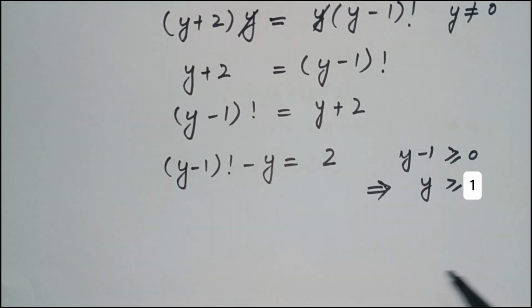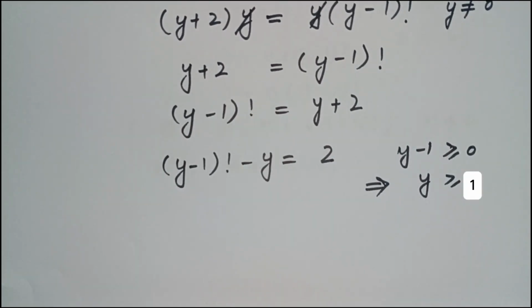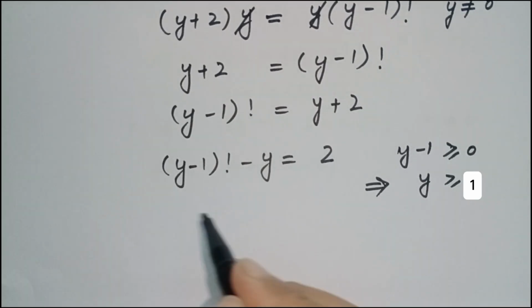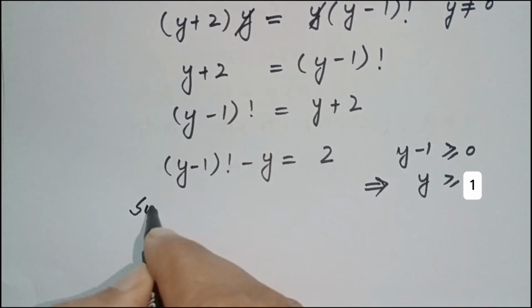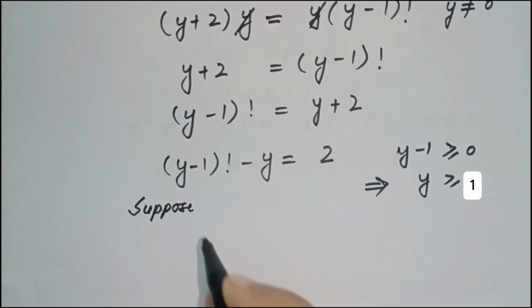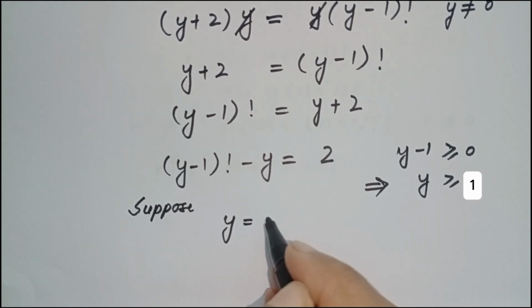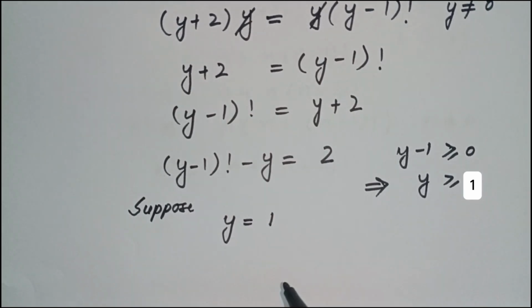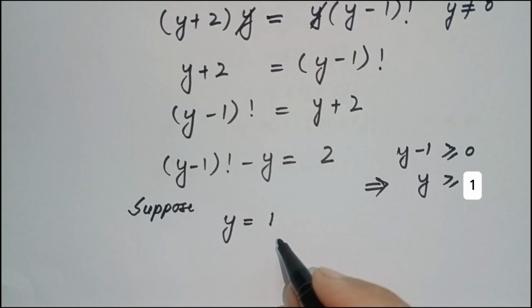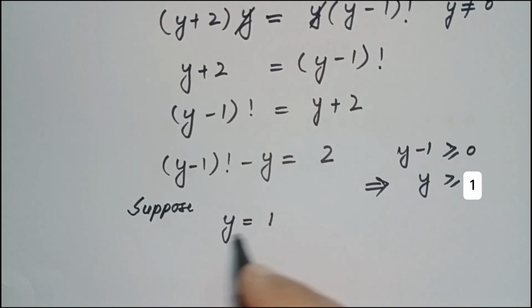So here, in the next step, suppose we take the values of y. Suppose y is equal to 1, then plug in the value of y in the above expression.